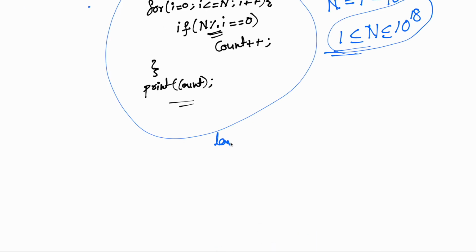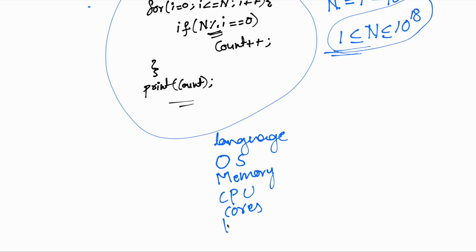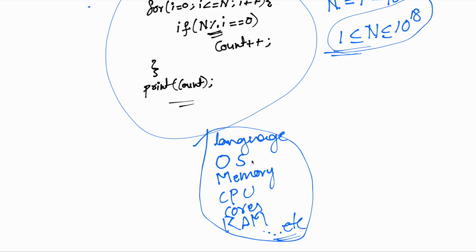It basically depends on the language, the OS where we are running our program, the memory of the system, the CPU, the number of cores it has, RAM, etc. But is it a good idea to consider all of these external factors in order to decide upon an algorithm that we are writing?